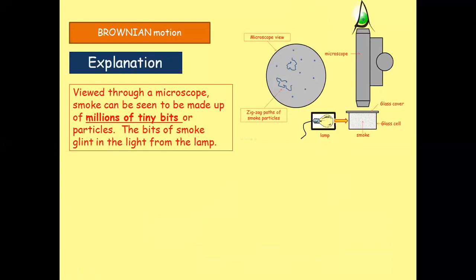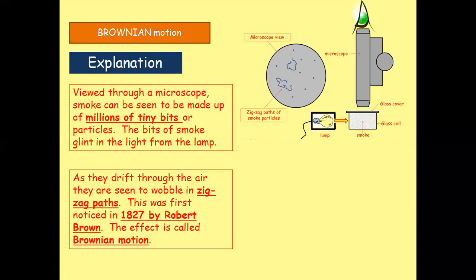Smoke particles reflect the light falling on them, and are seen as bright specks against a dark background, moving in a random motion in all directions. As you see here, the smoke particles reflect light falling on them, and this is the shape of the smoke particles' motion.